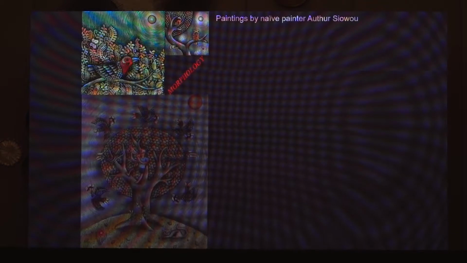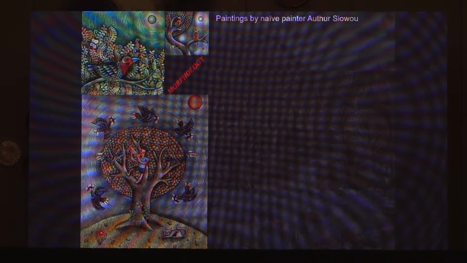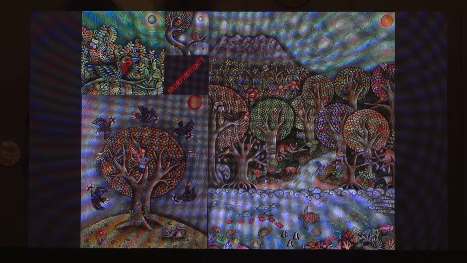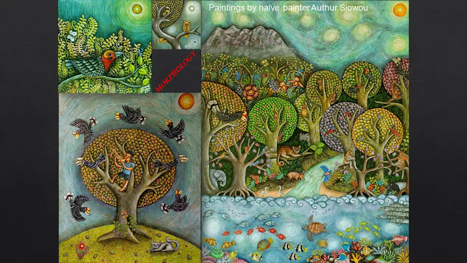Then you have the tree of life, with understanding of other animals. And he also has an overall picture of nature, from the mountain to the forest, the river, and also what's under the sea, as his world environment. So this is his nature.